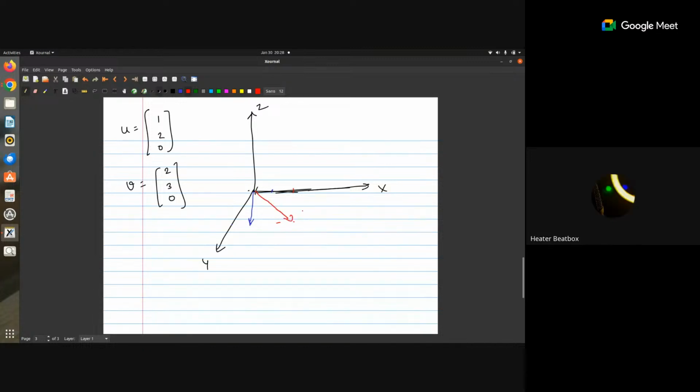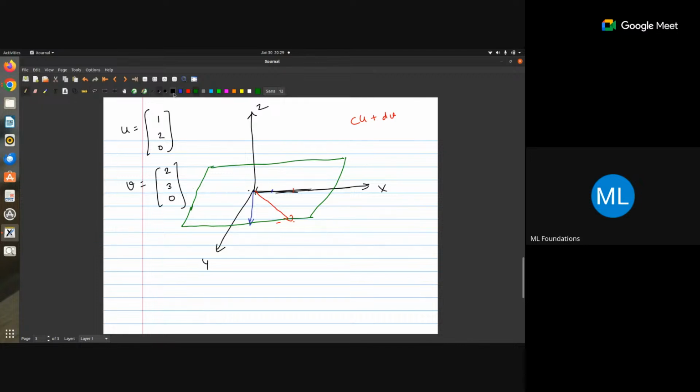Same plane, right. Now imagine if I say cu plus dv, the linear combinations of all these vectors. Where do you think this will lie? It will lie in the xy plane only. This is not in the z-axis, right?